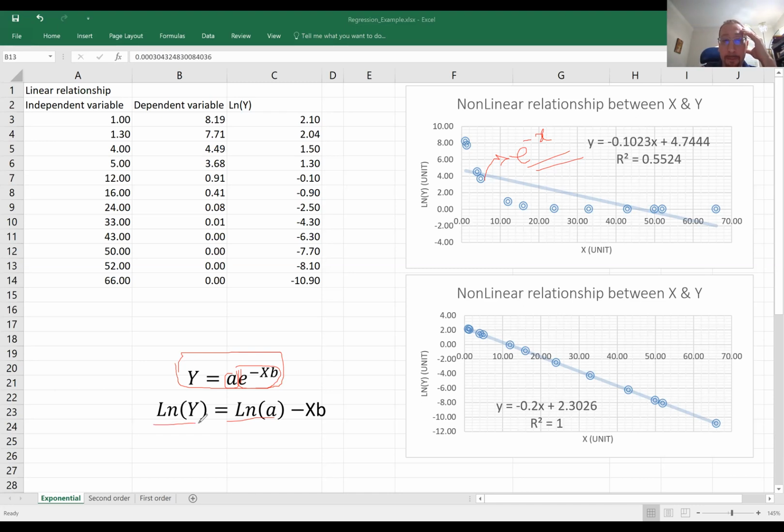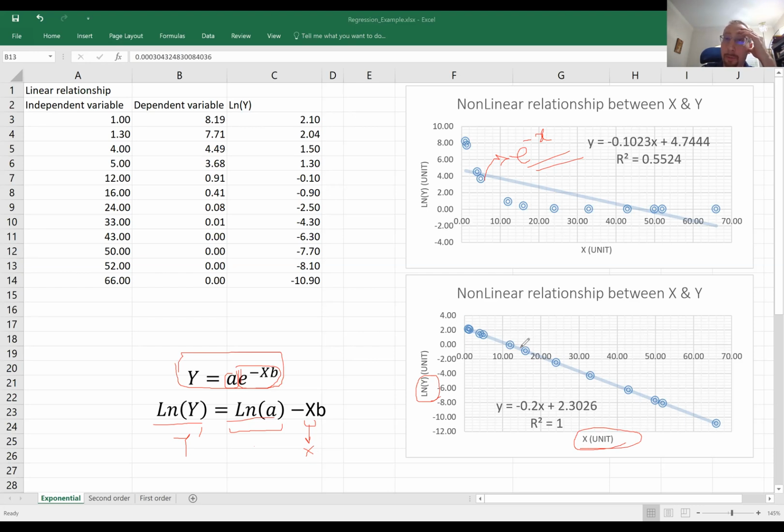So this becomes my new equation. I call this y prime. This is equivalent to my b in the previous calculations, and this is my x. So I plot natural log of y as a function of x.